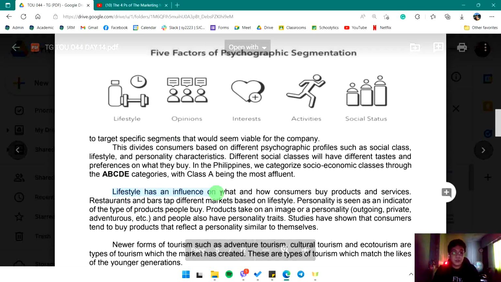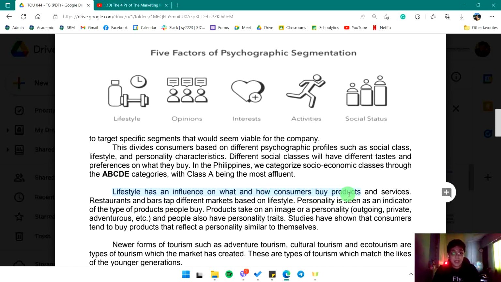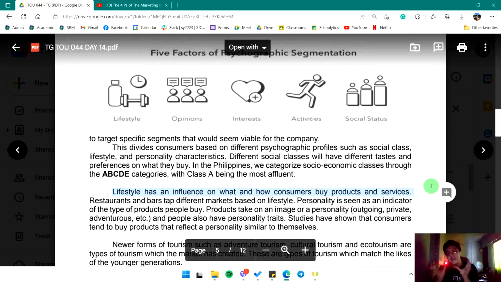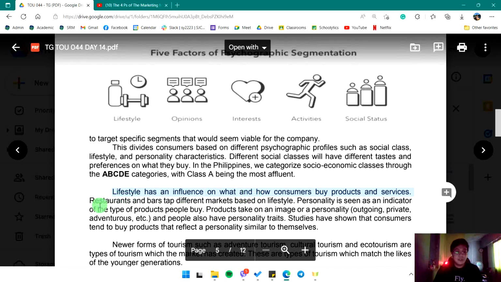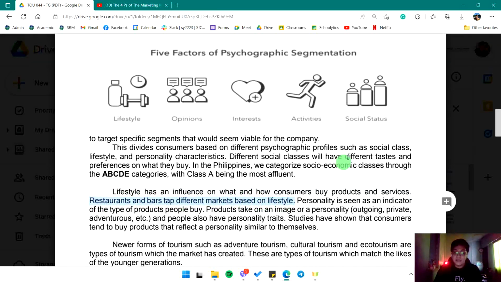Lifestyle has an influence on what and how consumers buy products and services. This is very much related doon sa ating nauna na video discussion on consumer buying behavior. So, mas maiging pag-uusapan natin dito kung ano yung mga pinag-usapan natin doon sa consumer buying behavior. For example, ayan, restaurants and bars tap different markets based on lifestyle.